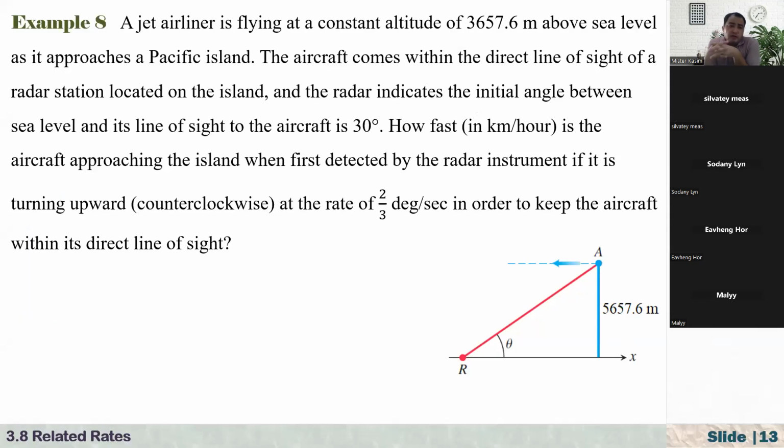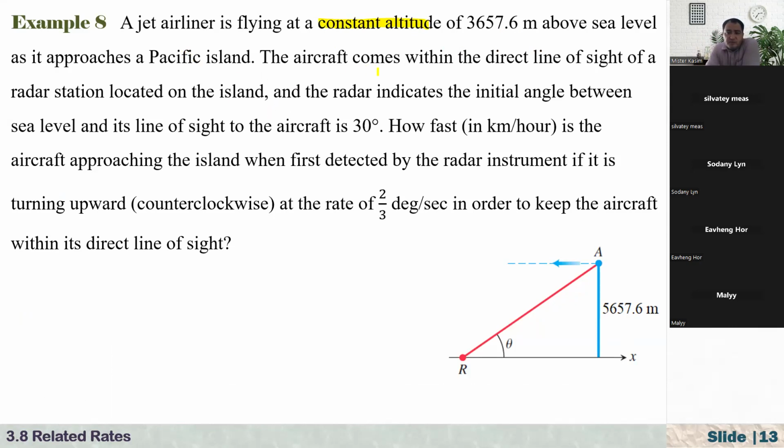A jet airliner is flying at a constant altitude of 3657.6 meters. Now I said constant altitude. That means the vertical height with respect to the ground is not changing. Constant altitude of 3657.6 meters above sea level as it approaches a Pacific island.